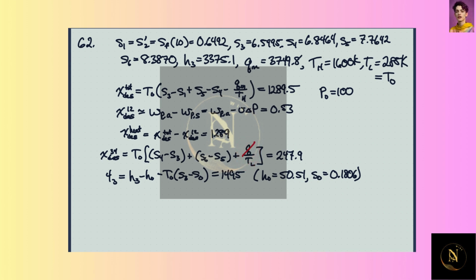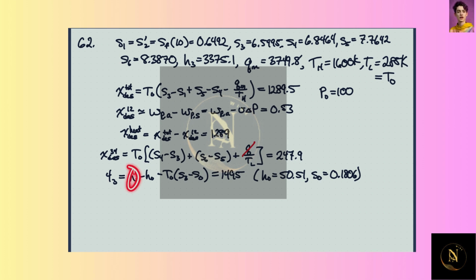And then they wanted the exergy of the steam at the boiler exit. This would be the theoretical work that we could get out of the steam at the exit.